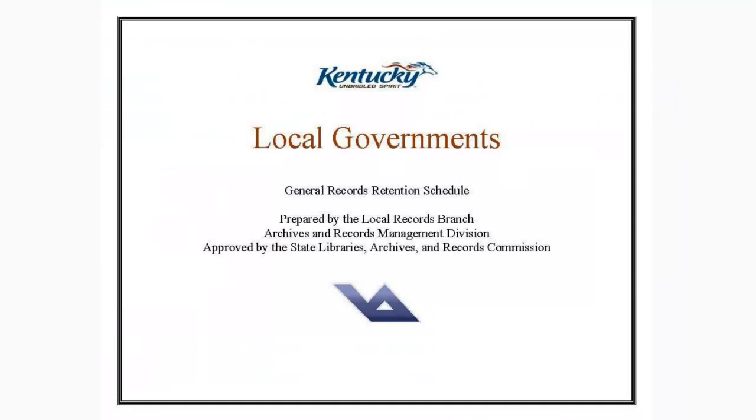Again, they're all located online. They're regularly updated. For instance, this local government one was just updated in June and had a few changes. The whole schedule was not updated, but there were series within it which were updated. And I imagine it will also be updated again in September.